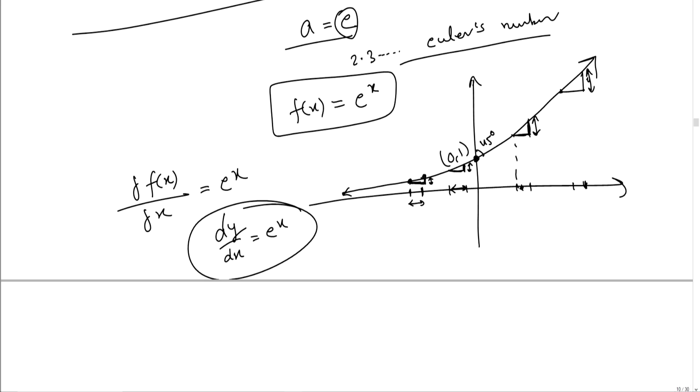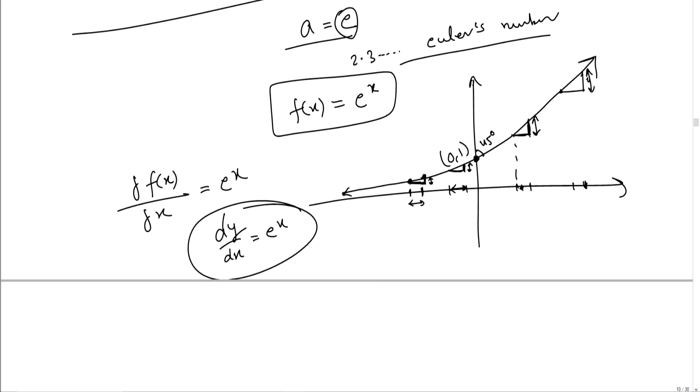Because the slope is increasing, it must be a function of x, right? So, it should be increasing at some particular rate. What is the function for the slope? Slope is not constant, it is a function of x, right?